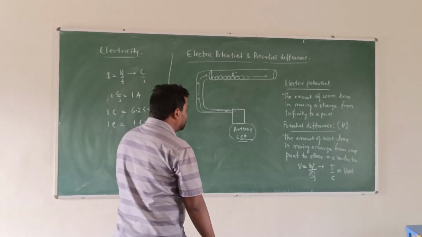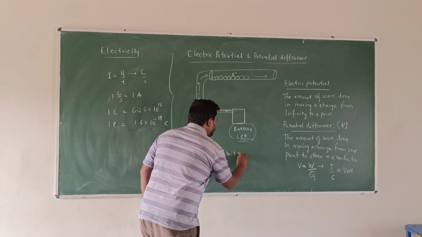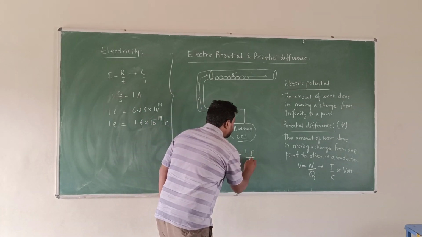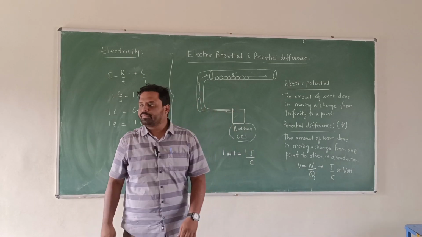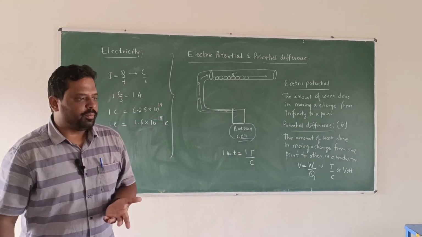So we can say that 1 volt is equal to 1 joule per coulomb.